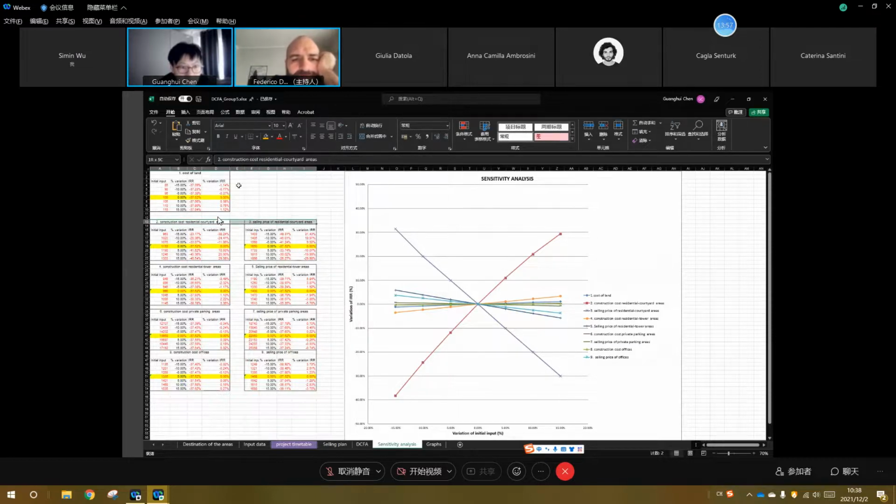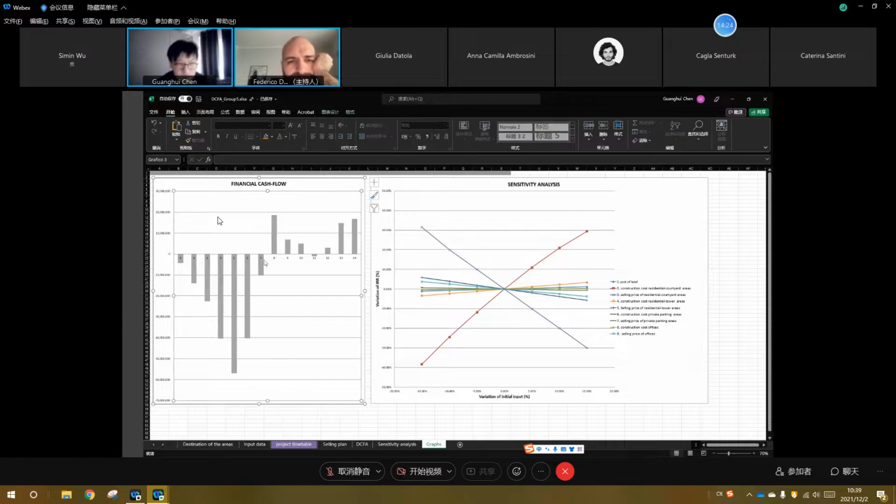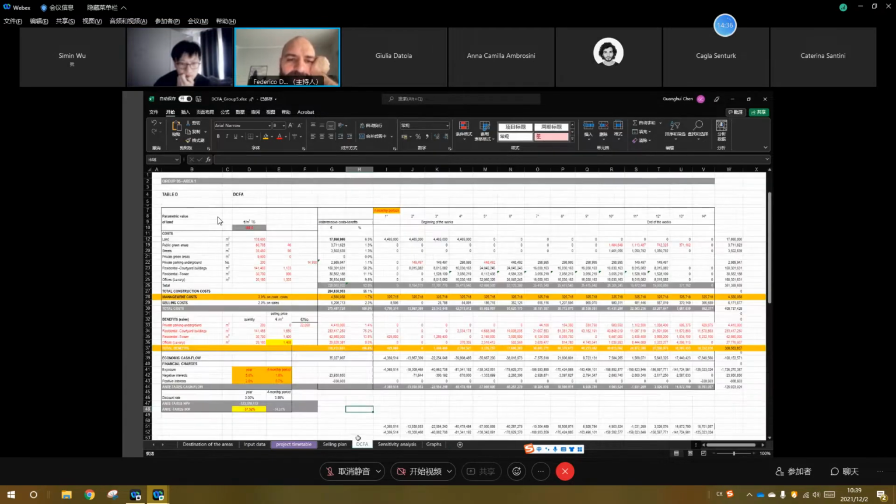Yes. So please check the distribution of the selling plan, correct it, and correct the unit temporal distribution. And the last sheet is where we also changed the cash flow. Okay, maybe the problem is that at period 11 you have more cost than revenue.